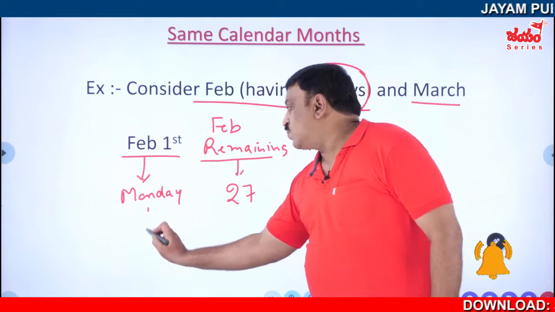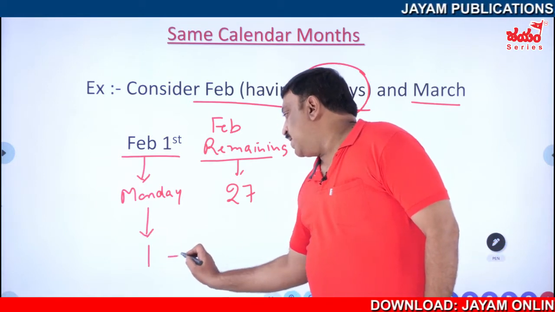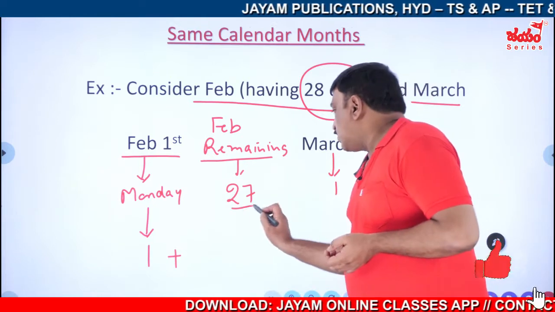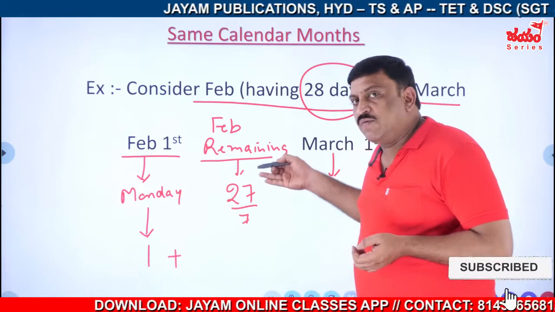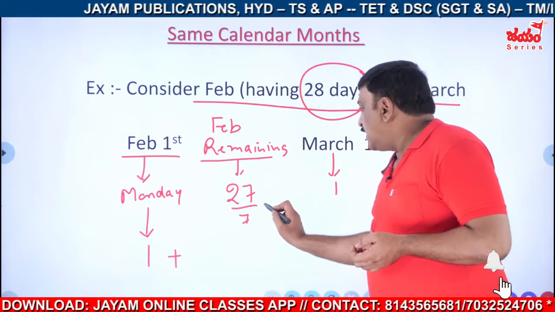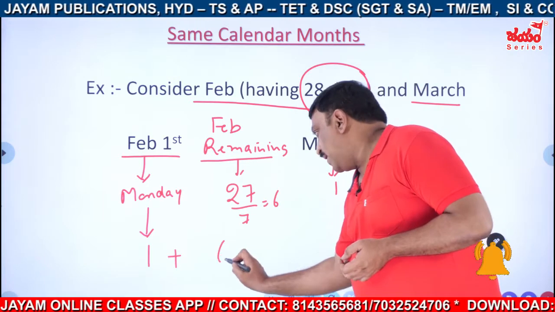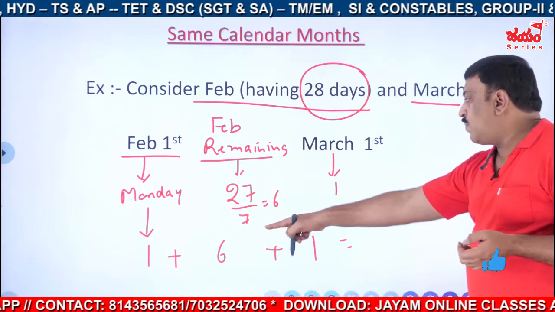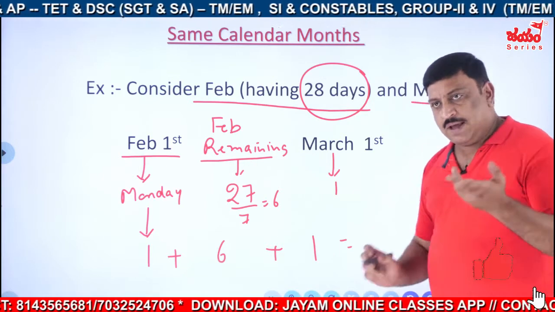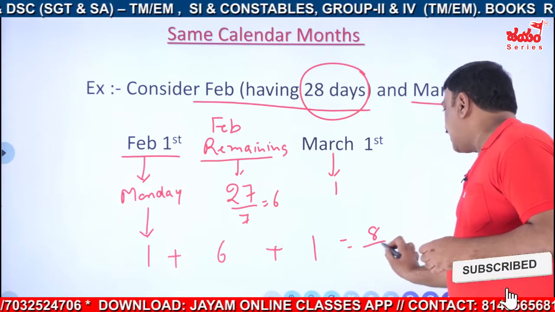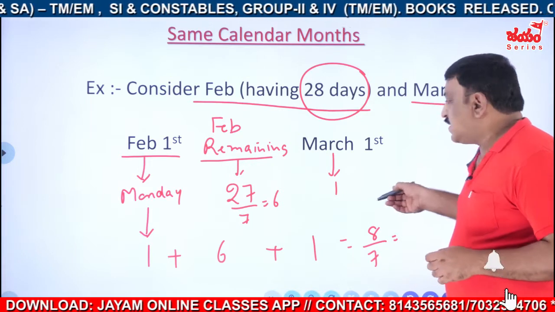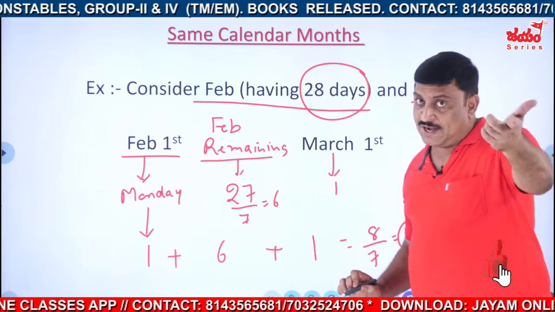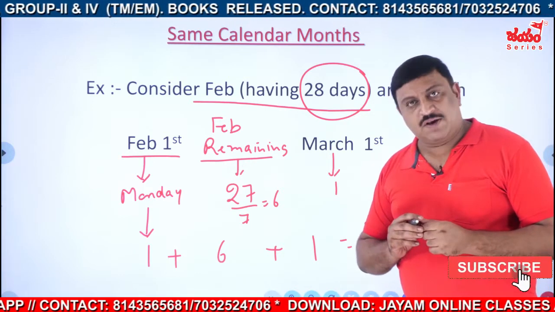The code of Monday is 1. Plus 27 days: 27 by 7, 7 threes are 21, that leaves 6 odd days. So 1 plus 6 plus 1 is 8, divided by 7 leaves 1. 1 means Monday.